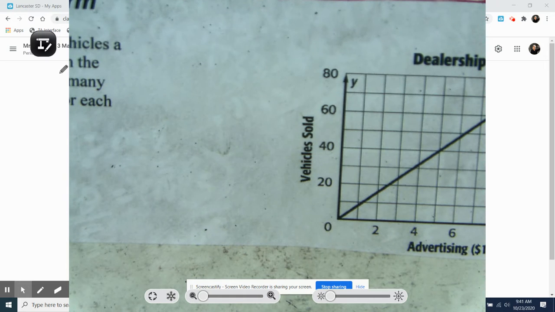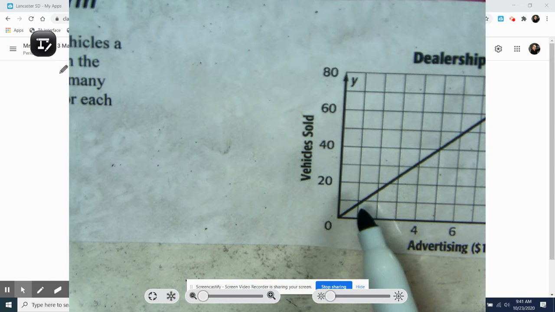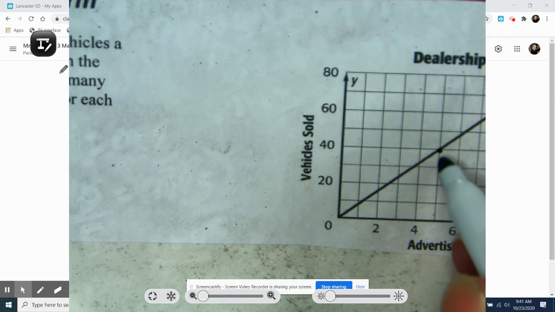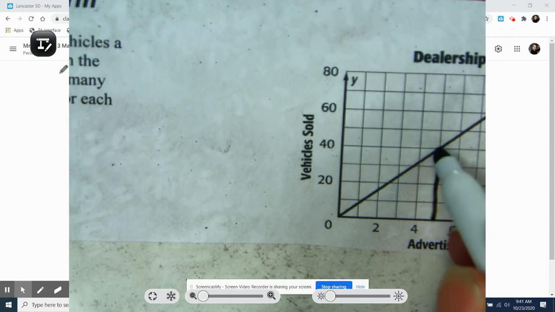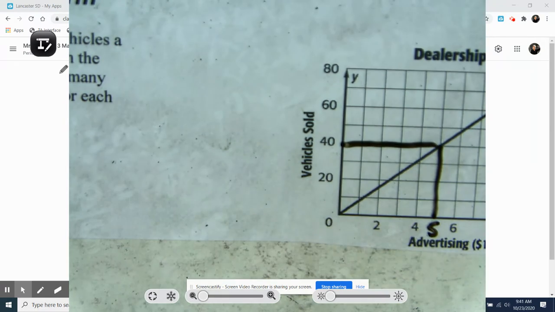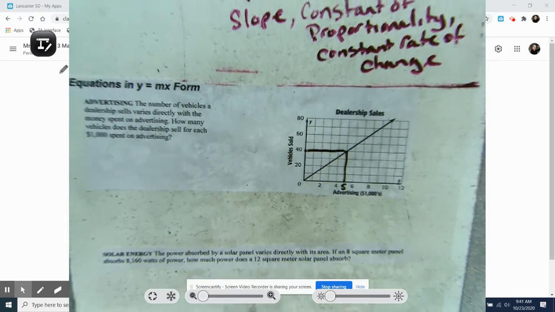We need to know what the value of y is here at x. But that's not a good point, so it's not real easy to see. But this point right here, now that's a good point. So we can see that this point right here, which would be 5 and 40, is a point on the line. So we're going to use that information to help us out.